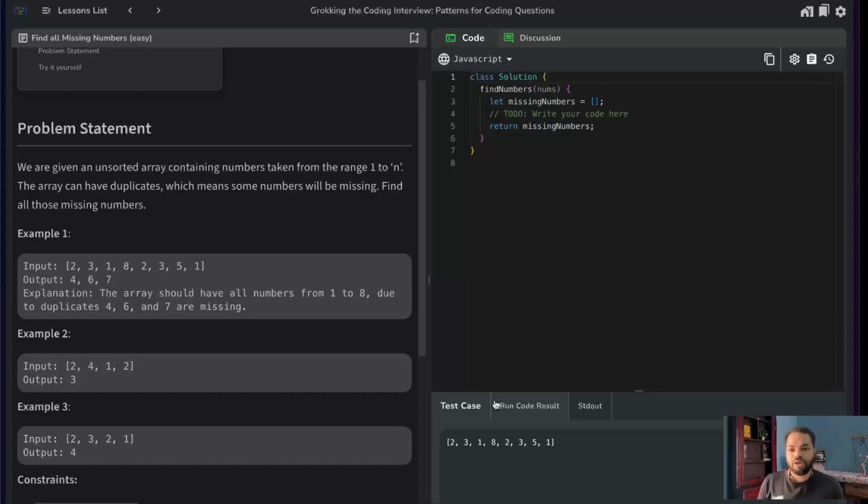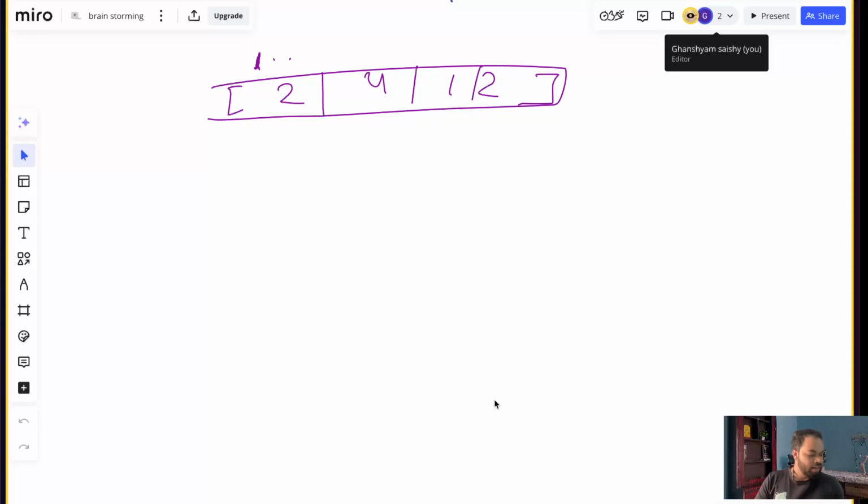And we know for sure that the range is from 1 to n, definitely 1 to n, right? And these values can be duplicate, that we know for sure, right? And now if that is the case, then we need to understand it.